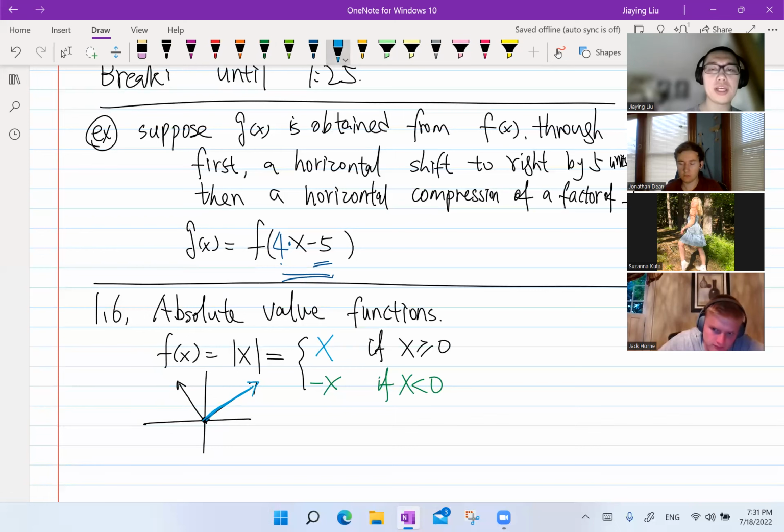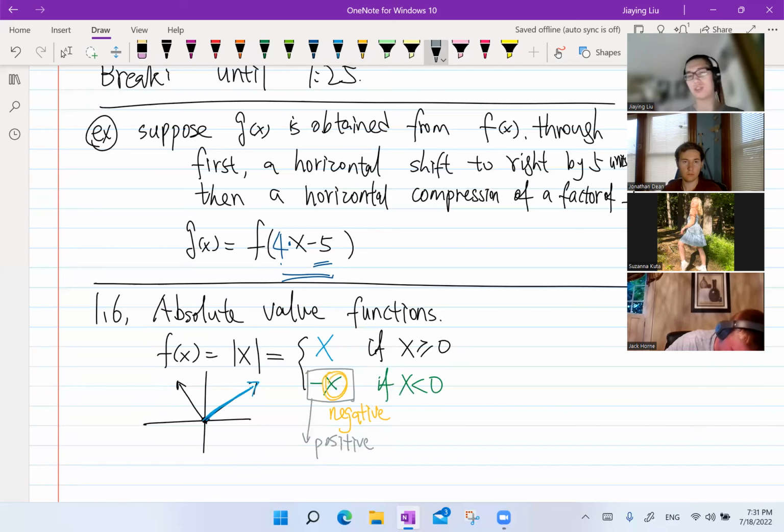Now, if you think about it, here x is negative, so this x is negative. And if we take a -1 multiplied by a negative number, we actually end up with a positive. So together, let me use a different color here. Negative x actually is positive because x itself is negative, right?